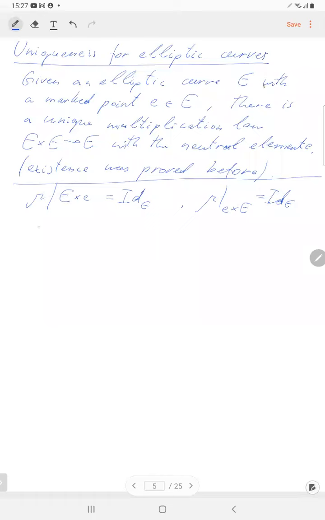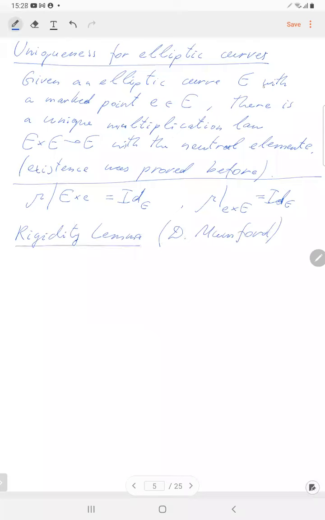And now we use the following rigidity lemma, due to David Mumford. That is an extremely useful tool.